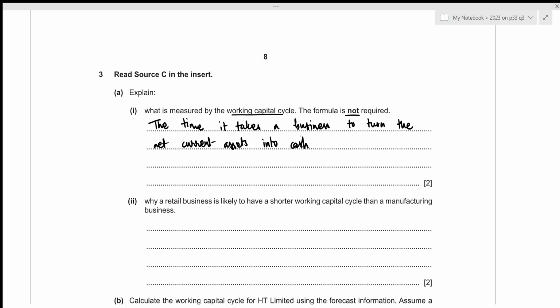It also incorporates the trade receivables, which is the time required by the business to receive money from credit customers. And then it also incorporates the trade payables, which is the time required by the business to pay back the credit suppliers. Into cash, and measures the solvency of a business.